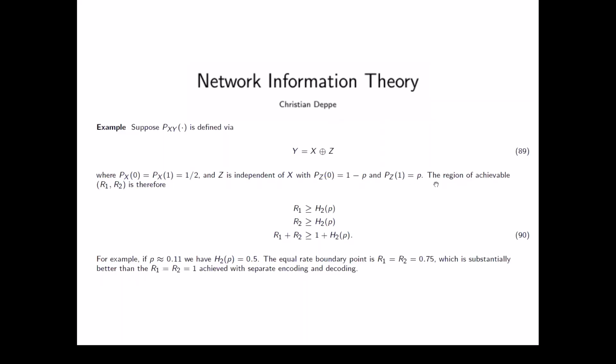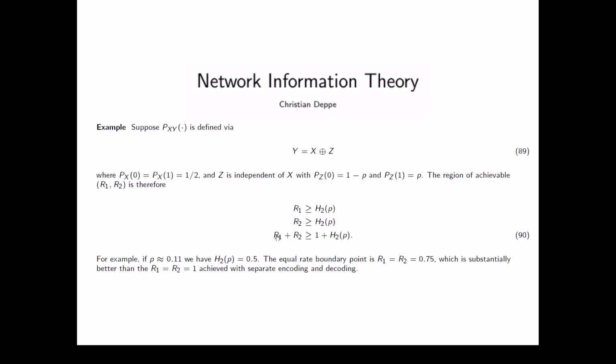So if you look now at the region, then R1 is greater or equal than h of x under the condition y, but this is exactly then the binary entropy of p. The same for R2, which is h of y under the condition x, which is also then the binary entropy of p, if you look at the distribution.